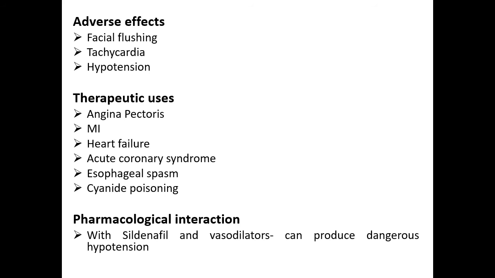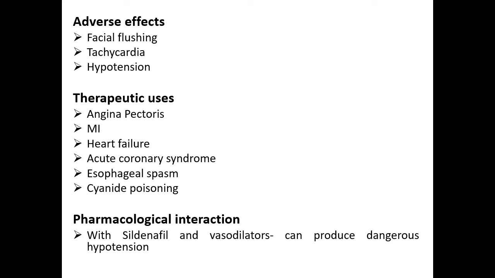How? As we know, sildenafil is a phosphodiesterase inhibitor. If there is inhibition of phosphodiesterase, then there is an increased level of cyclic guanosine monophosphate, and if there is an increased level of cGMP, then it produces more inhibition of MLCK activation and reduction of calcium inside the cell, and will ultimately lead to prominent vasodilation along with the organic nitrate.